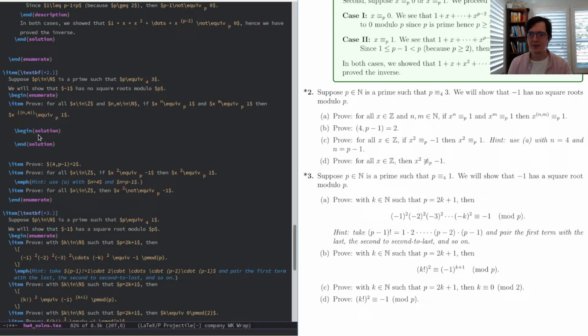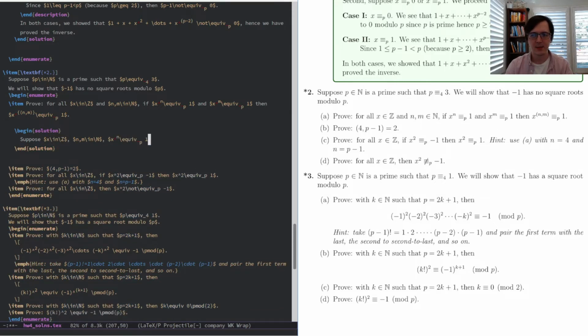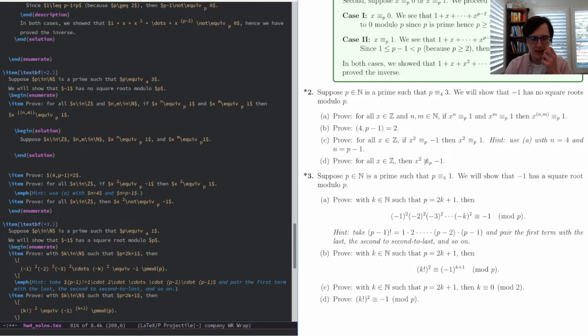Not sure if that helped, but okay, so suppose x is in Z, n and m are in the natural numbers. x to the n is congruent to 1, and x to the m is congruent to 1. Well, what can we do?